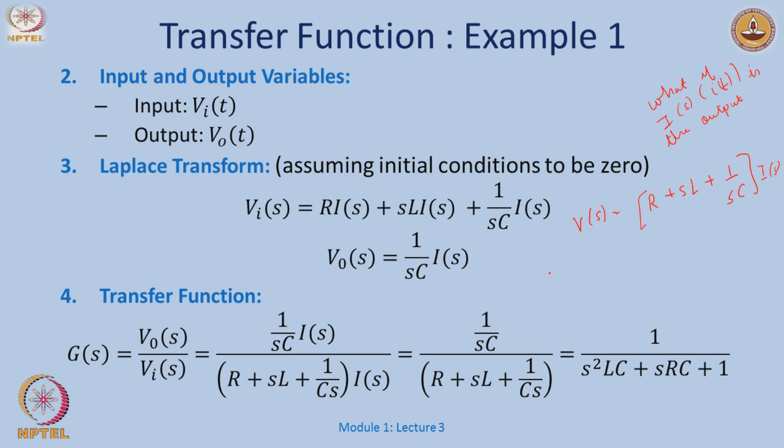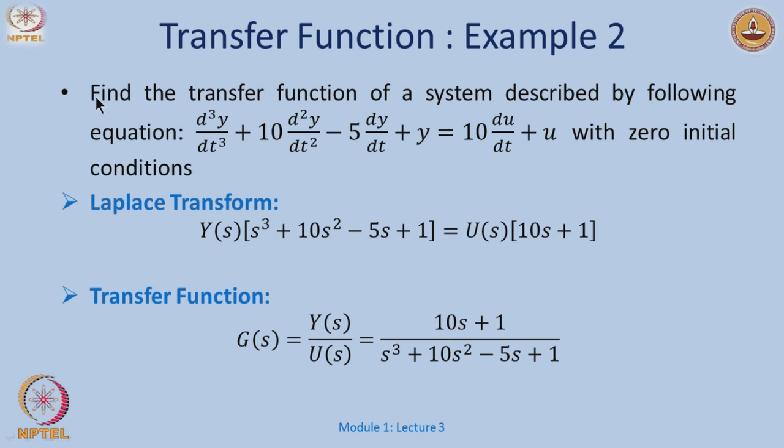Now, the transfer function G(s), just to distinguish between these, put an I here, since I am actually measuring the current as the output, is the ratio of the output I(s) over V(s), which from this expression can be simply computed to be 1 over R plus sL plus 1 over sC. Again, these are transfer functions for the same system, but here I am measuring V_O as the output, and here I am measuring the current as the output. Okay.